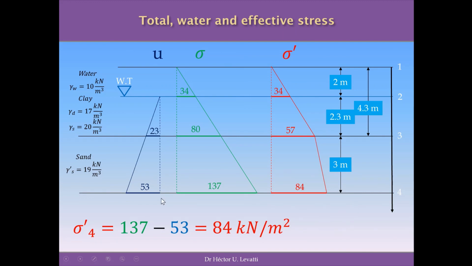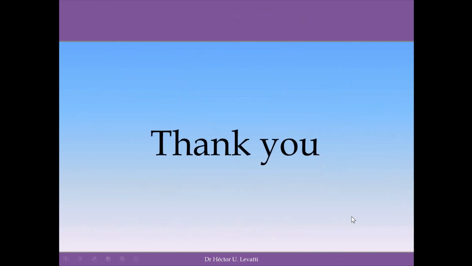Finally, at point 4, we have 137 kilonewton per square meter of total pressure minus 53 kilonewton per square meter of water pressure, so we have an effective pressure of 84 kilonewton per square meter. Finally, in red, you see here the diagram sketched for the effective stress for this simple exercise. Thank you very much.